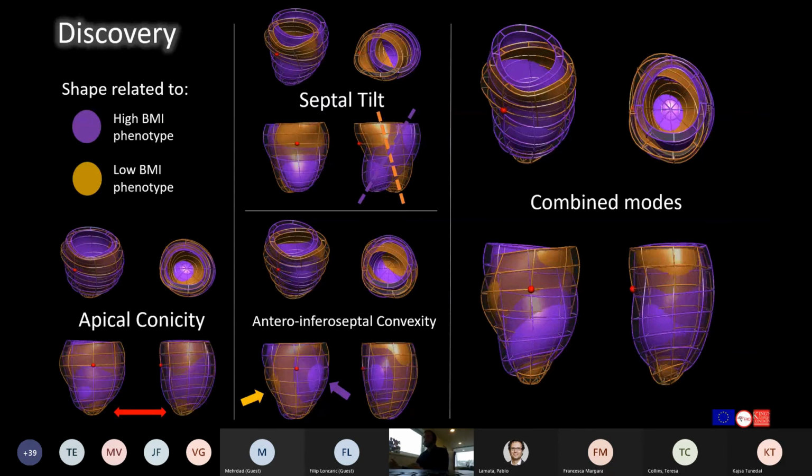The linear combination of those modes showed that the LV of children with the higher BMI will tend towards a more round, spherical shape with increased volume, especially in the apical regions.